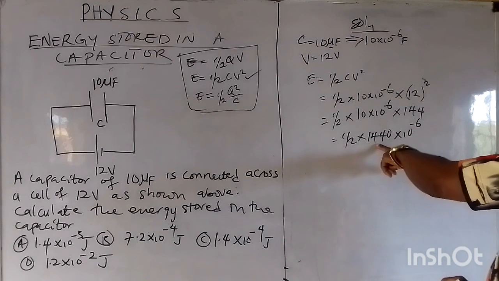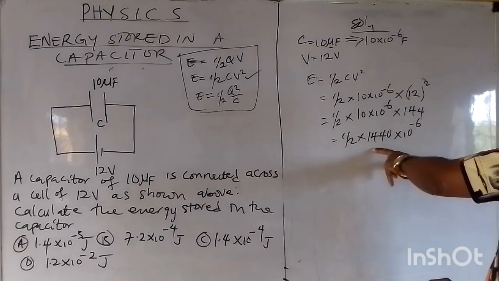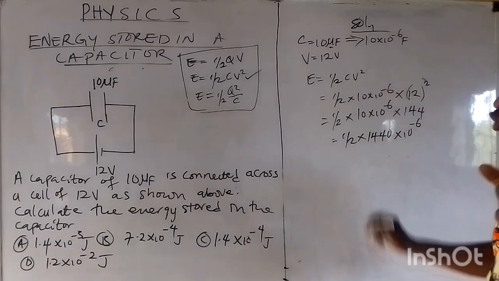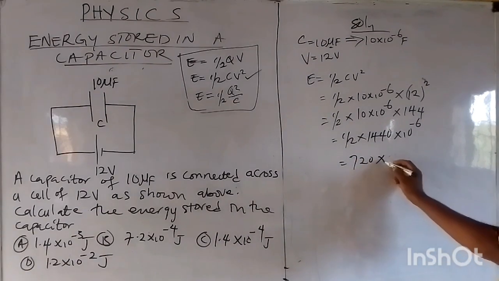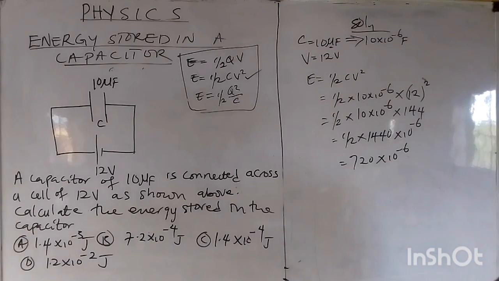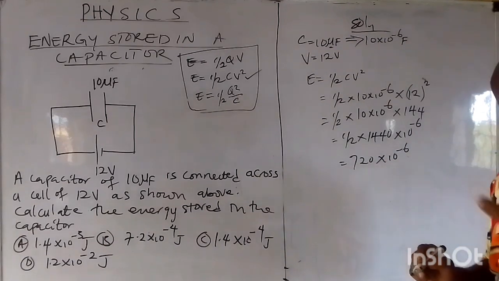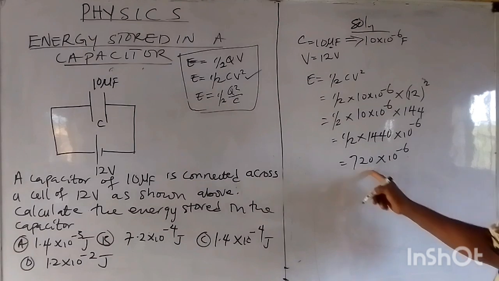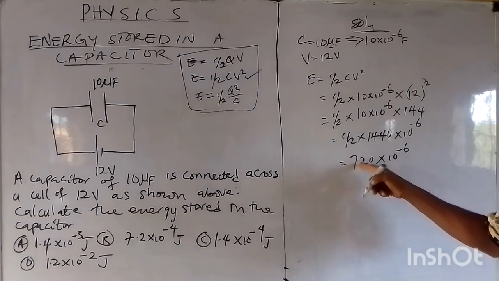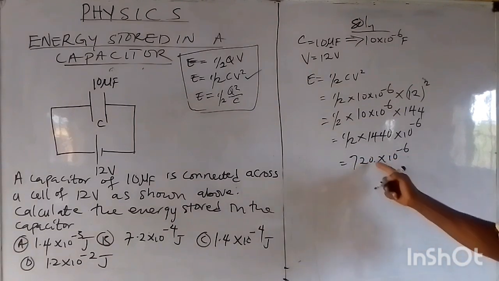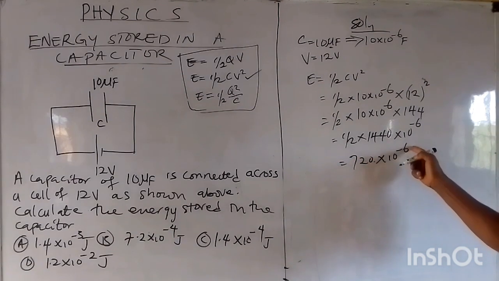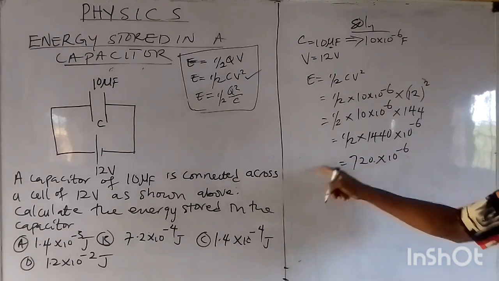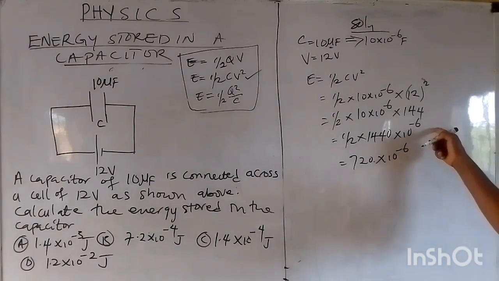Now, half times 144 will give us 720. 720 times 10 raised to the power minus 6. This is not in standard form. We put it in standard form. If we put it in standard form, of course, this is 720, and there is a point here. If we move our point two places to the left, we increase the power by 2, and if we move towards the right, we reduce by 2.